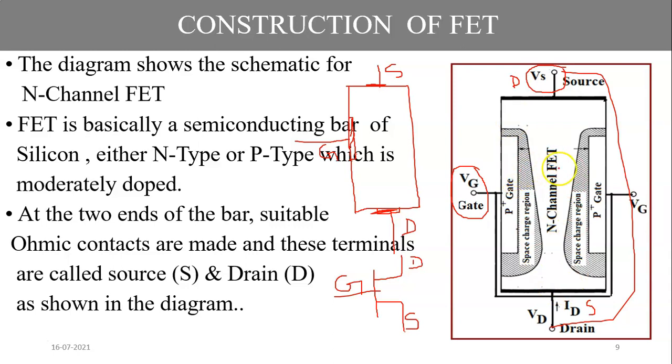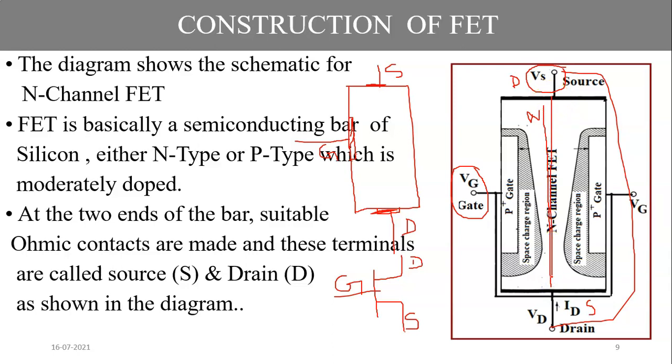So the gap between these two PN junctions, because this is a P material and this is your N material, is known as the channel. This path is known as the channel.